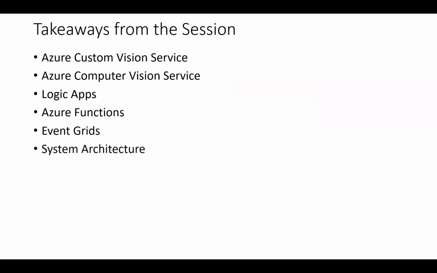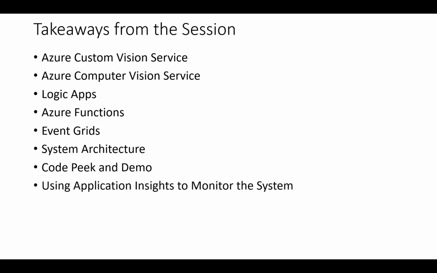Then I'll quickly discuss the system architecture, how these components fit together to create the helmet detection system. And then I'll do a quick code peek and demo and show you the actual working of the system. And then I'll briefly discuss why we should use Application Insights to monitor the system. We'll then discuss some best practices and my experiences in developing this, and I'll point you to some further reading materials.